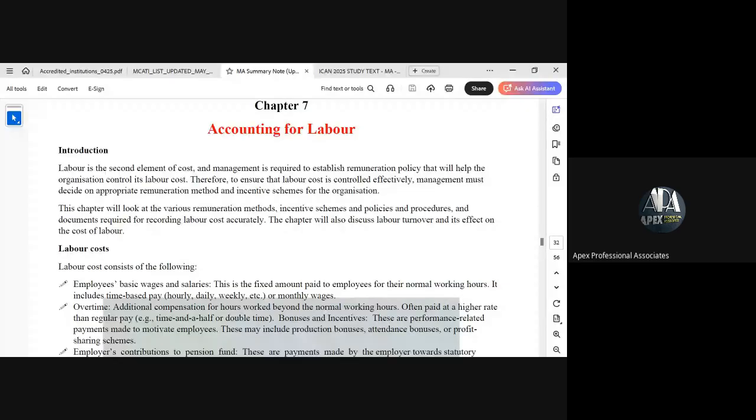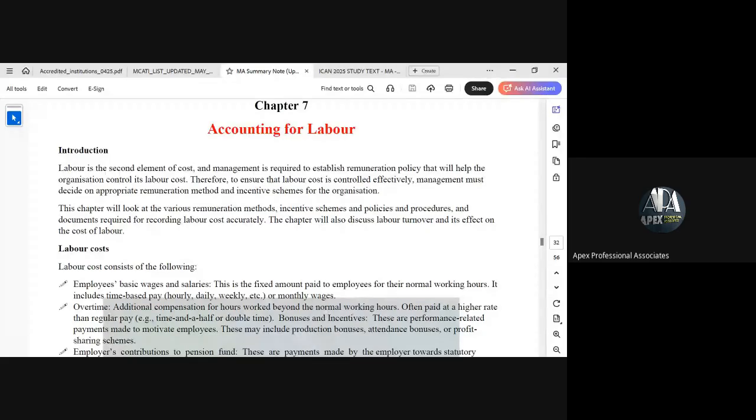You will be comparing it with IAS 2 and the various policies for handling materials. Are we together? At the same time, you will be exposed to various methods through which materials can be accounted for: FIFO, first in, first out, last in, first out, weighted average, and many other methods like that. We covered those in chapter 6. But today we'll look at accounting for labor.